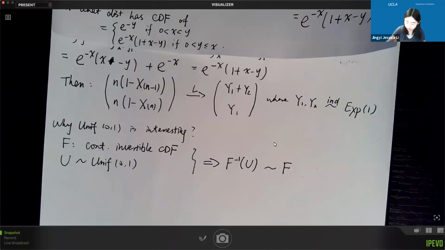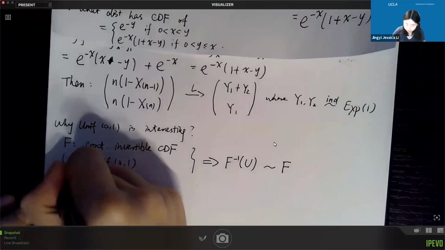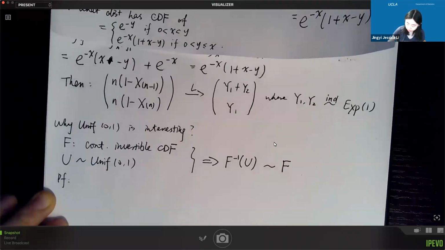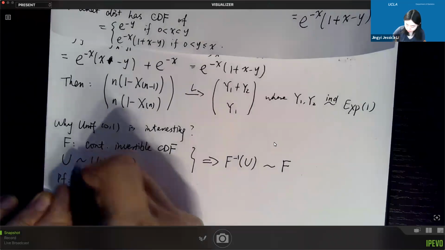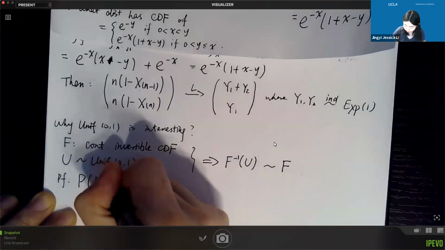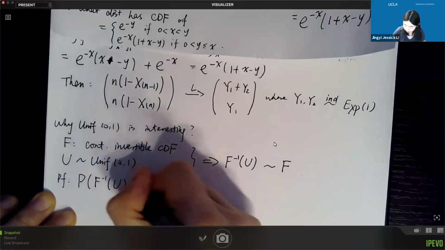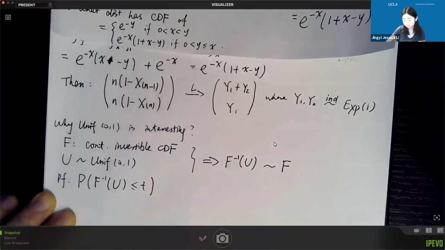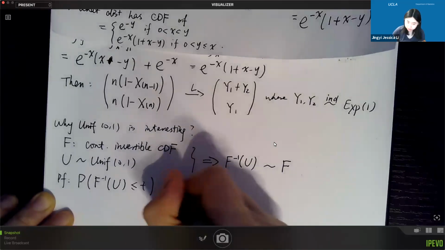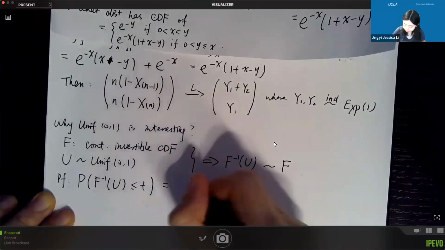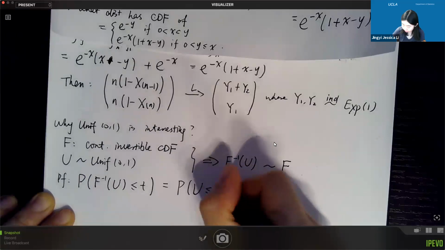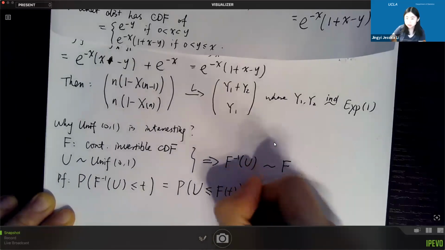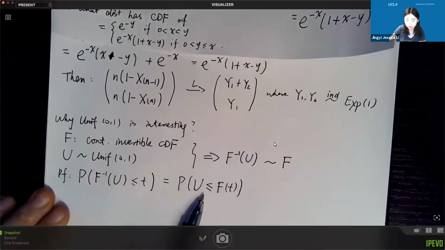And let's verify that. The proof is just one line. We need to show, for the transformed random variable, F inverse of U less or equal than t. Then by the invertibility, we have U less or equal than F(t), and this is by the monotonicity of the CDF.